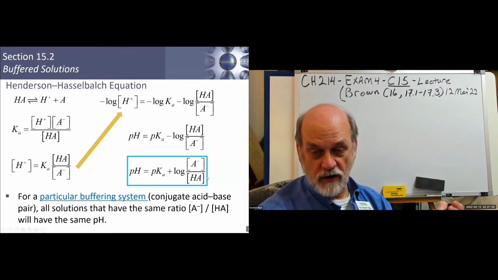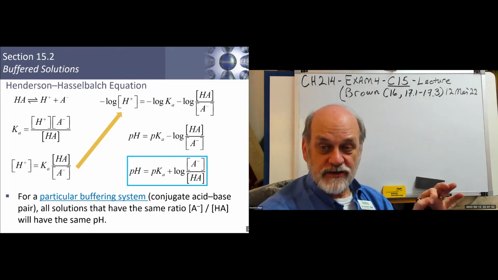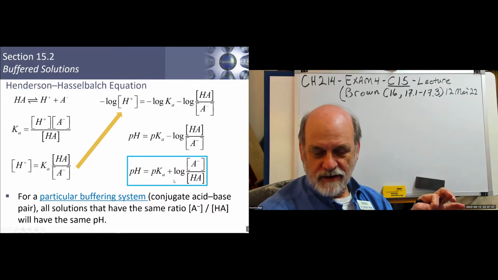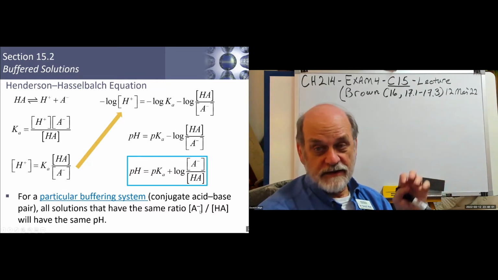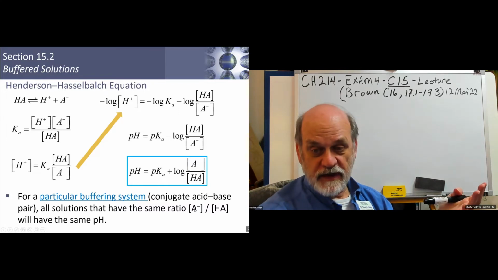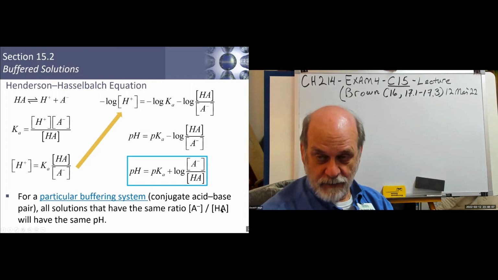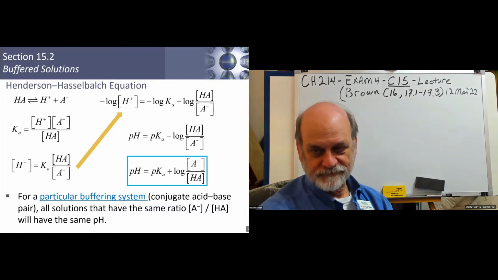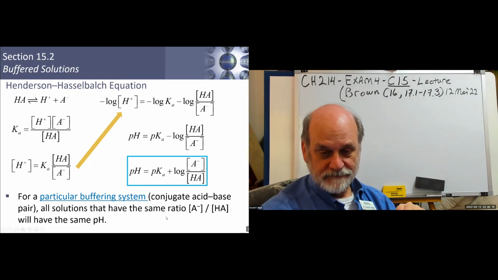It's the same ratio. For any particular buffering system, you can have different concentrations of these conjugate base and acid. As long as the ratio is the same, it will generate the same pH. That's a very important point.